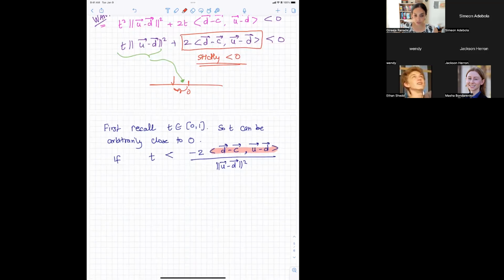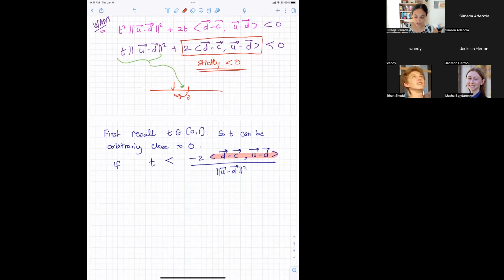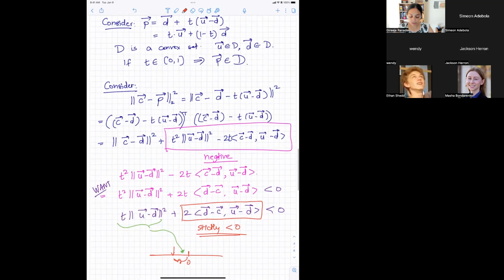Okay, good. So I see a question, why not just set t exactly equal to 0? So if you set t exactly equal to 0, then your u would be exactly the point D, right?